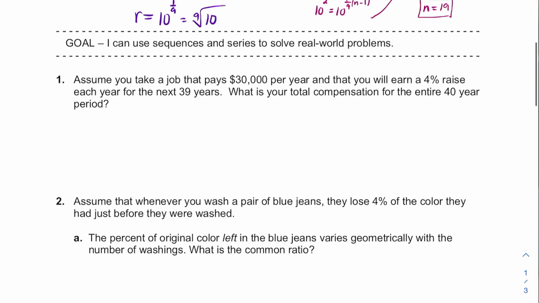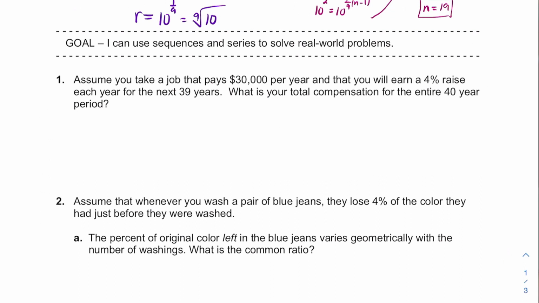All right, so let's get into our notes for today. We're not going to do anything new, but we're going to look at a couple of real world contexts and interpret them through the lens of sequences and series and determine if they are arithmetic or geometric.